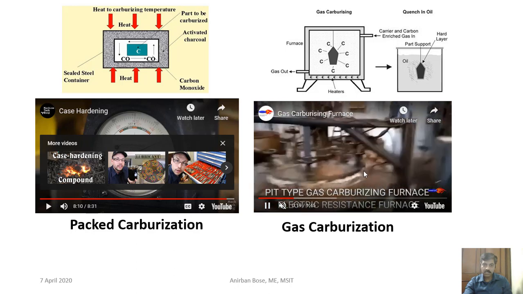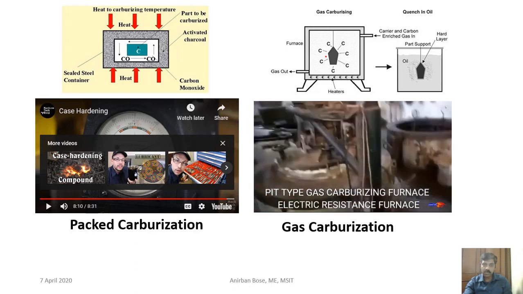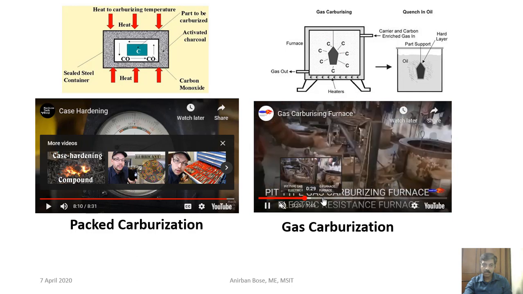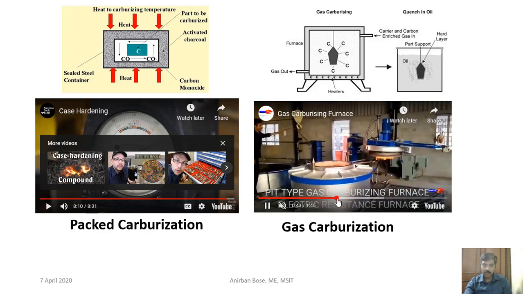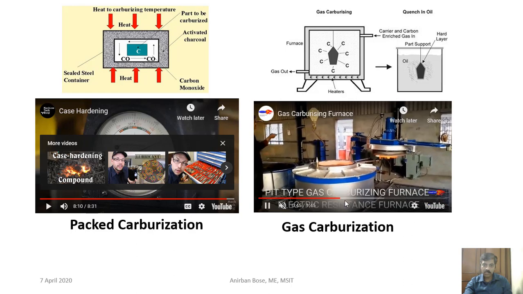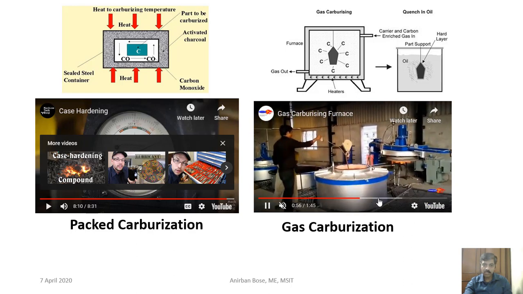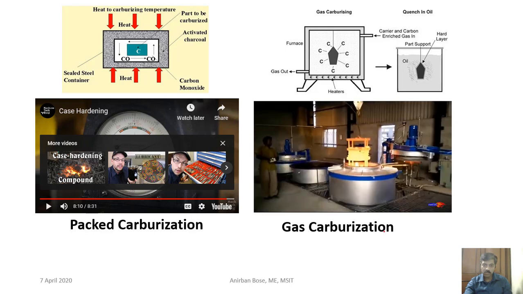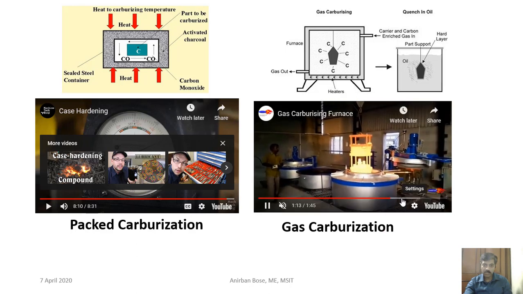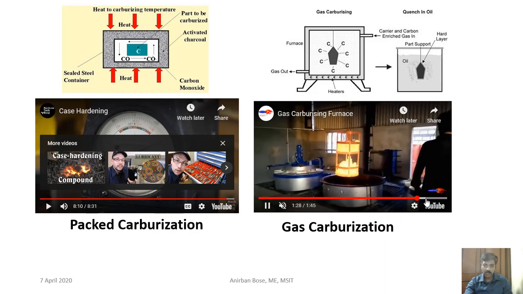So here is some gaseous environment present, and here you can see the sample, and after the gas carburization process, it is required to be quenched. So the part is taken out and dipped into the water for the quenching process.